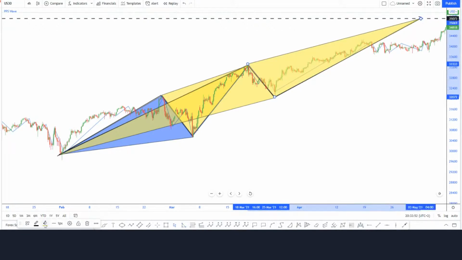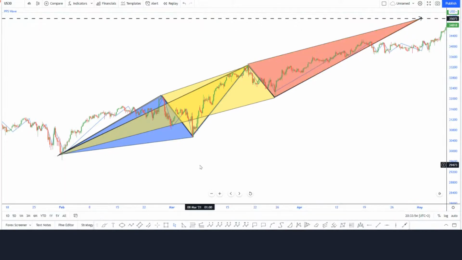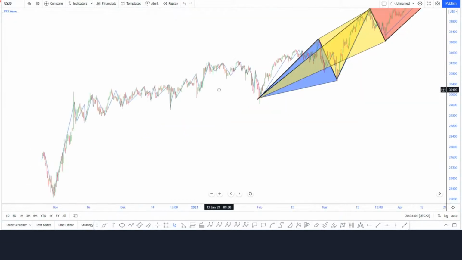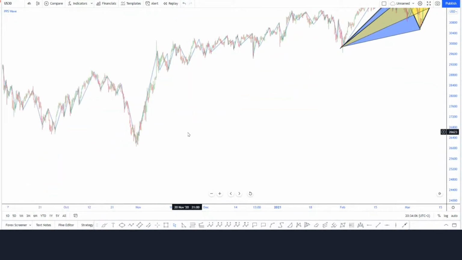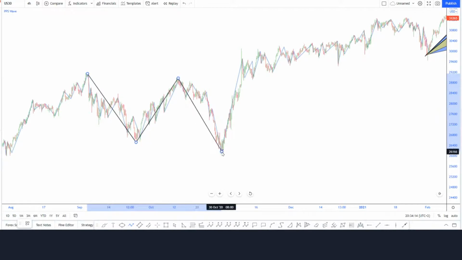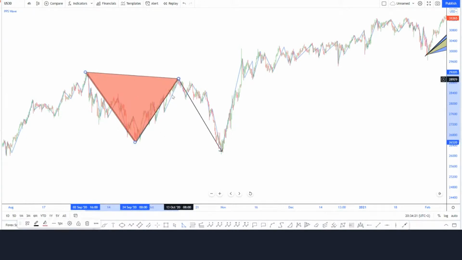See how we made ABCD first, then we combine them together to make a bigger AB? So here you had an ABCD formation also. Okay. After this was finished, that was a really nice move.